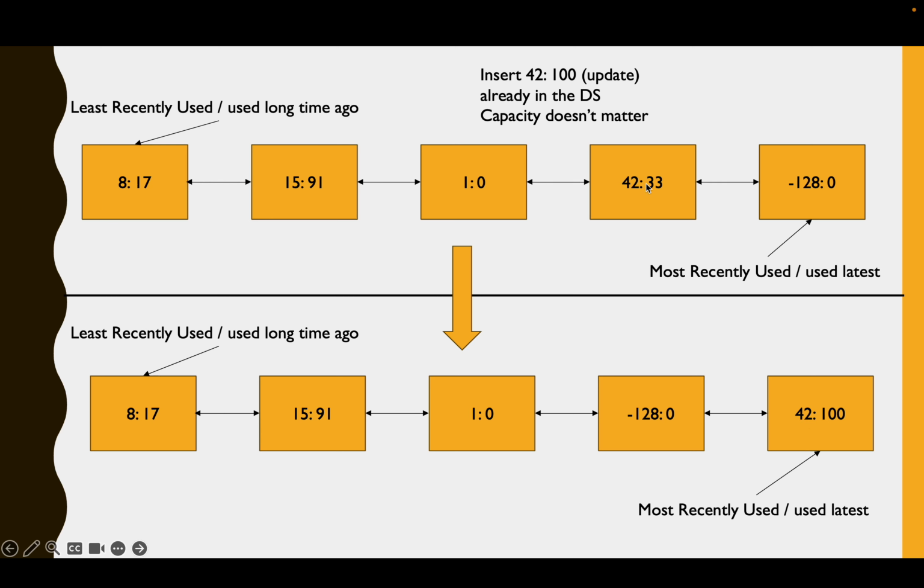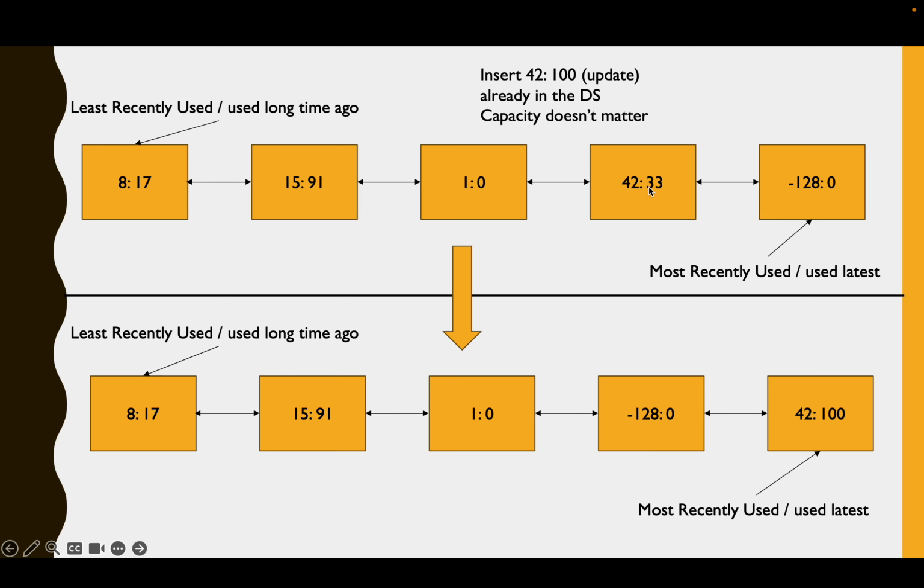What you would notice is earlier the key 42 was somewhere in the middle of the LRU, not at the beginning or the end. We moved it to the front or the head, and everything else moved back one place, right? So this is what you need to understand about update.